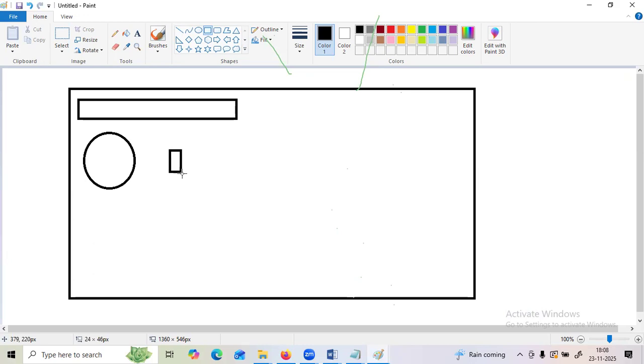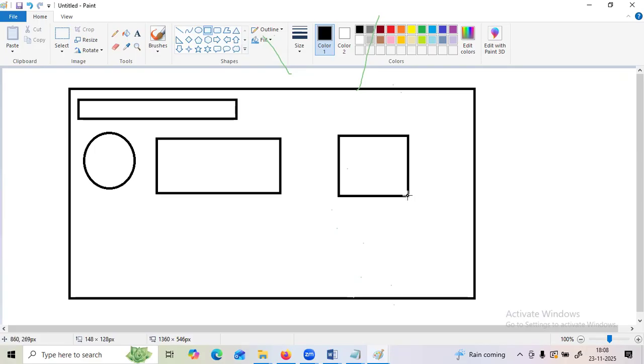I'm going to imagine this as the MDF, this as the LDF, and let me take some space for the buffer cache.